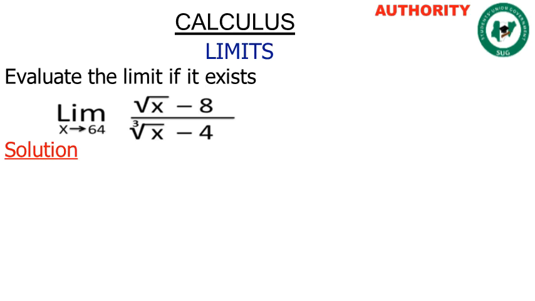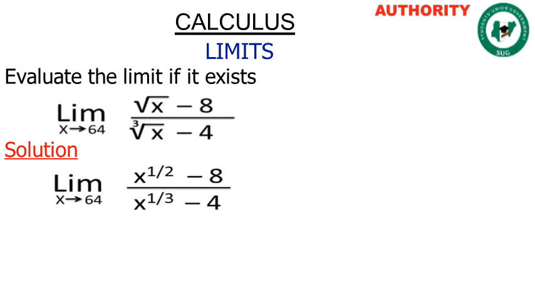We can write it this way: the limit as x approaches 64, the square root of x can be written as x raised to power 1 over 2, then minus 8, all over the cubic root of x, which can be written as x raised to power 1 over 3, then minus 4.